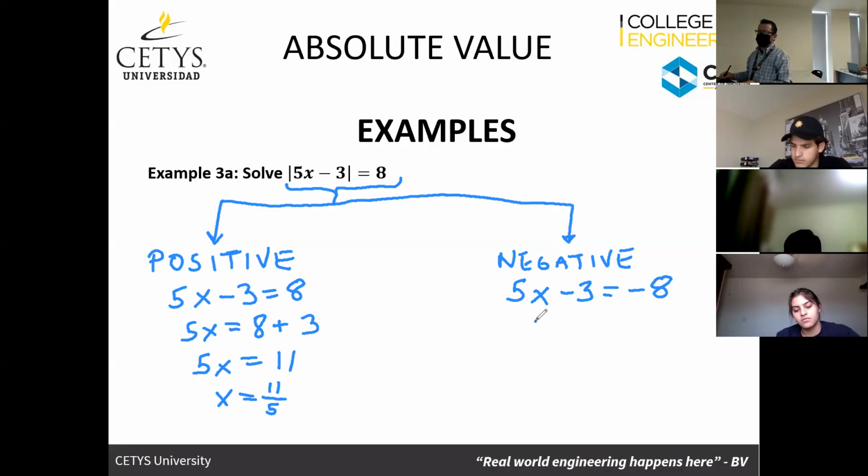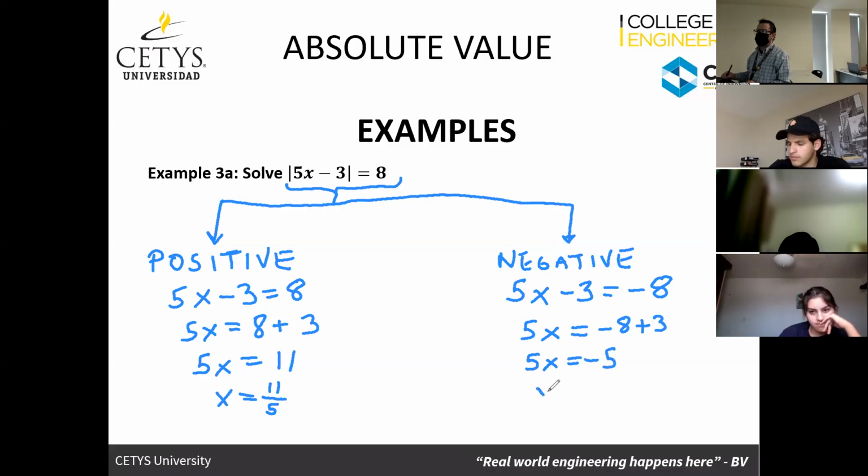Now over here on the negative side, we're going to have 5x equals -8 plus 3. 5x is going to equal -5, so x equals -1. These are the two solutions to the expression.